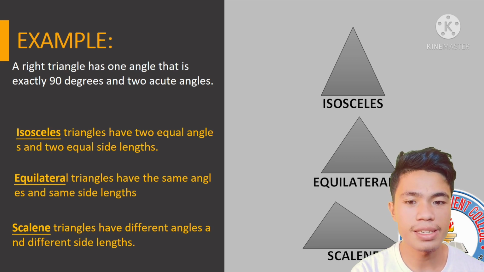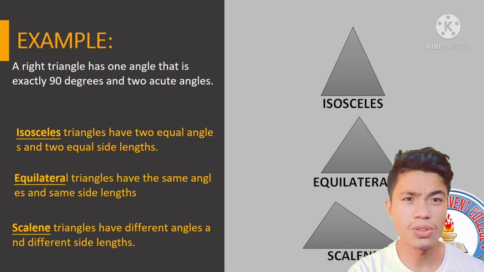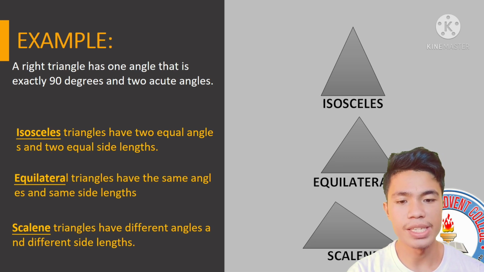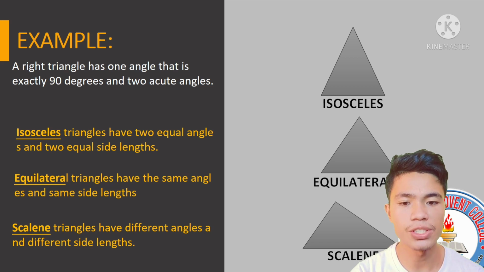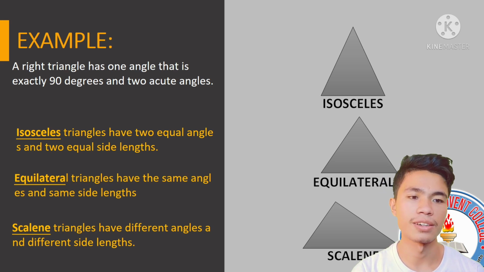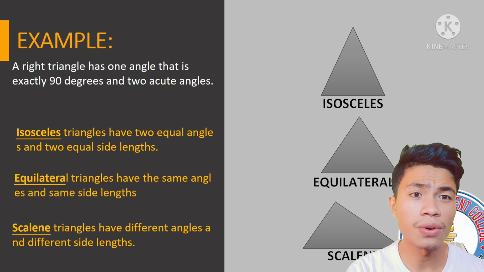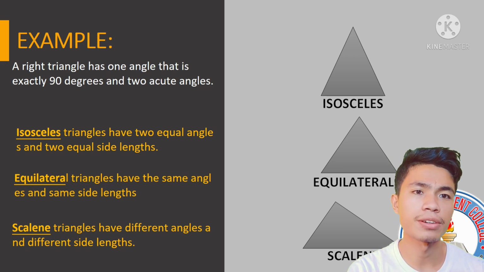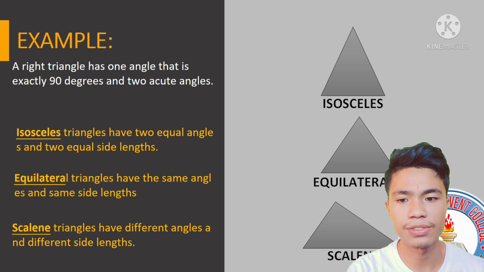From the word itself, equi, meaning equal, equilateral. There is also what we call scalene, which pertains to triangles that have different angles and different side lengths. But we are not going to focus on these different kinds of triangles.